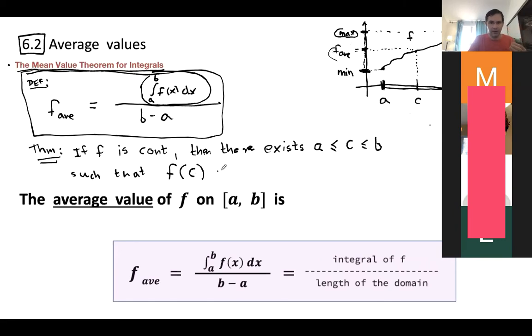It's a beautiful theorem, and we'll say why this is significant in a second. Then f of c would be equal to f average.